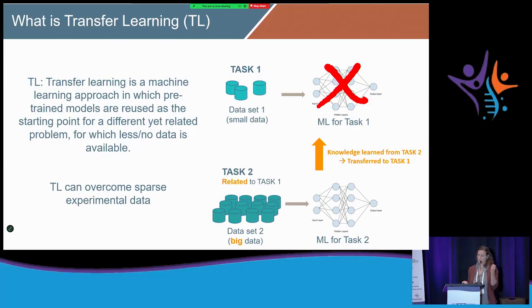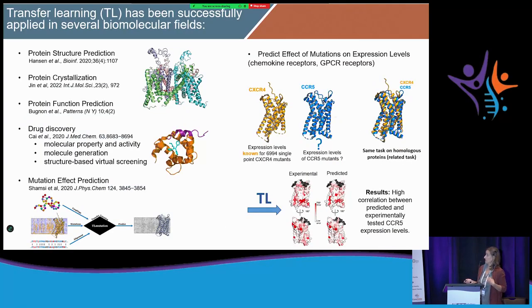There's no specific way to do it because it can be done in many different ways: by optimizing a threshold, by pre-training, by re-encoding the features. However, transfer learning has been used successfully in several biomolecular fields. This is the case, for example, for the chemokine GPCR receptors, in which the high similarity between type 4 and type 5 receptors allows using what has been known on the expression levels of one protein for the other protein.